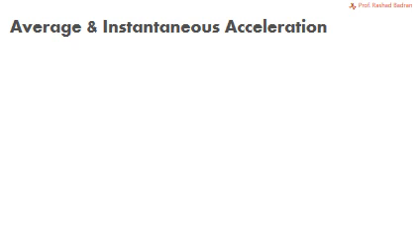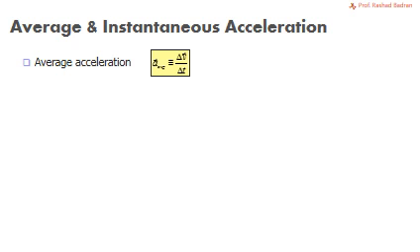In order to find the average acceleration and instantaneous acceleration, let's define the average acceleration in its general form as the change in the velocity vector divided by the time interval. To find the change in the velocity vector, we have to get the final velocity and initial velocity that correspond to the final time and initial time.